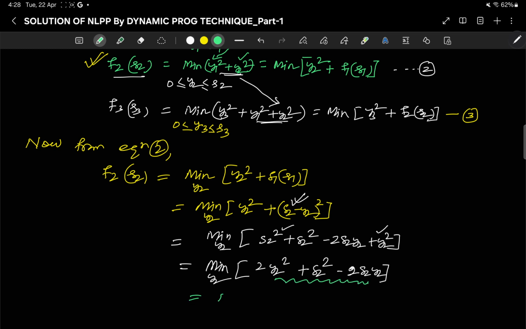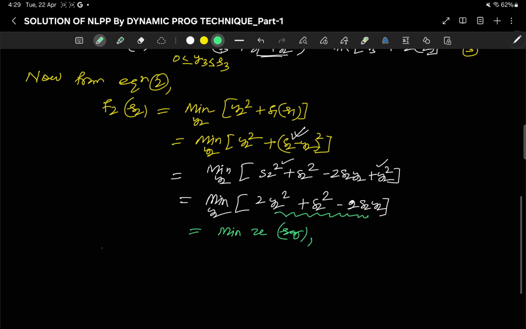So this is the minimization of u, where u is equal to 2 y2 square plus s2 square minus 2 s2 y2, okay?